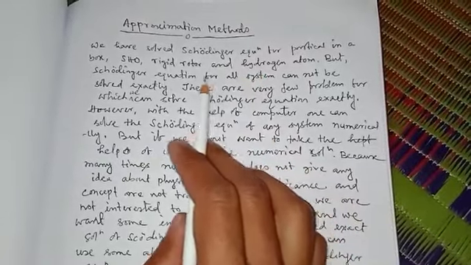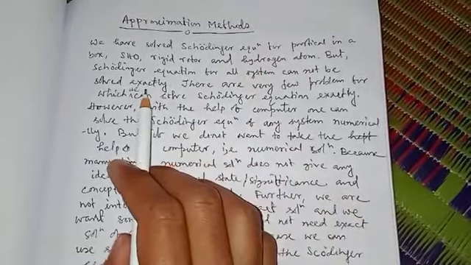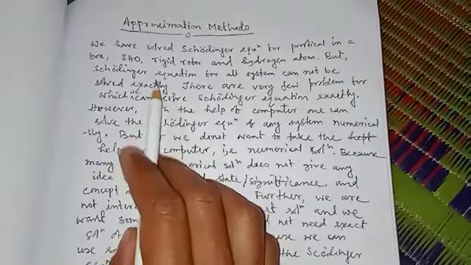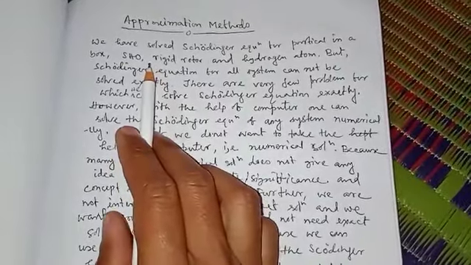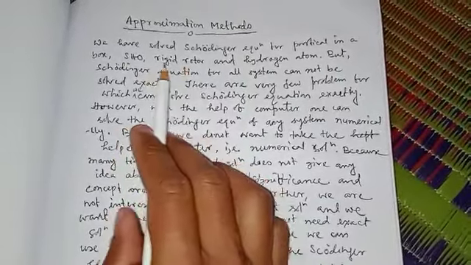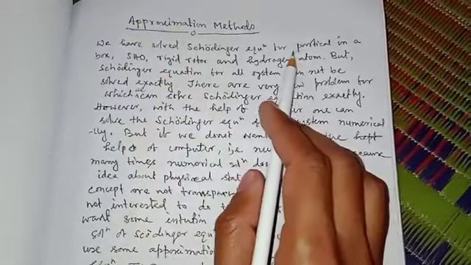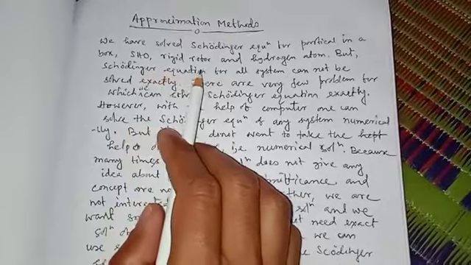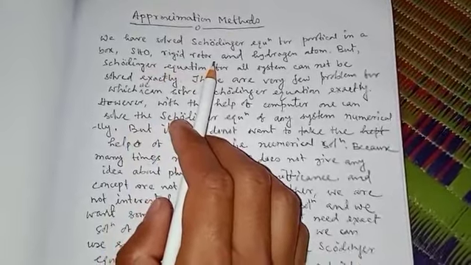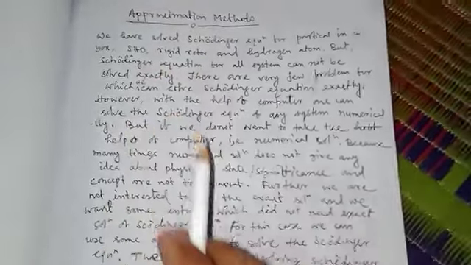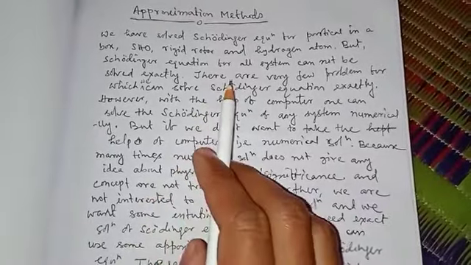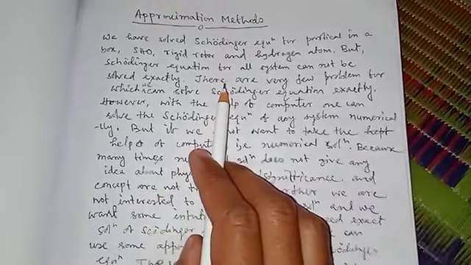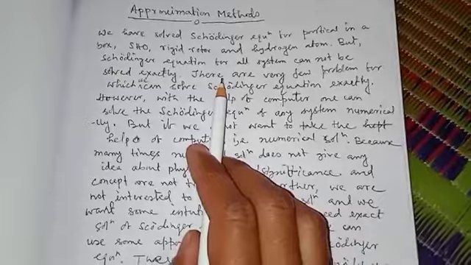The Schrodinger equation cannot be exactly solved. Even higher complex systems, which are not like a particle in a box or simple harmonic oscillator or rigid rotator, are very tedious to solve. It is difficult to solve the Schrodinger equation of a complex system.